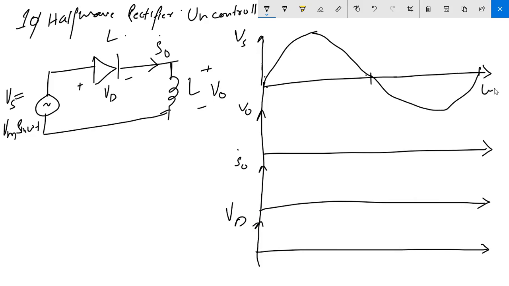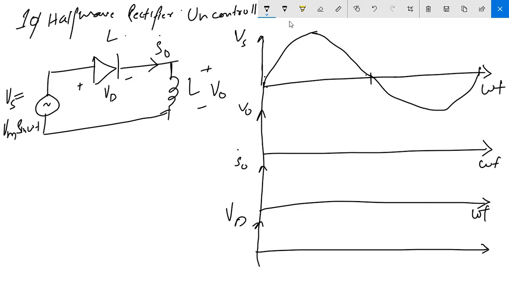This is my omega t. This axis is always omega t. Just remember that this axis always remains omega t for every cycle, because you are drawing a waveform as a function of omega t.